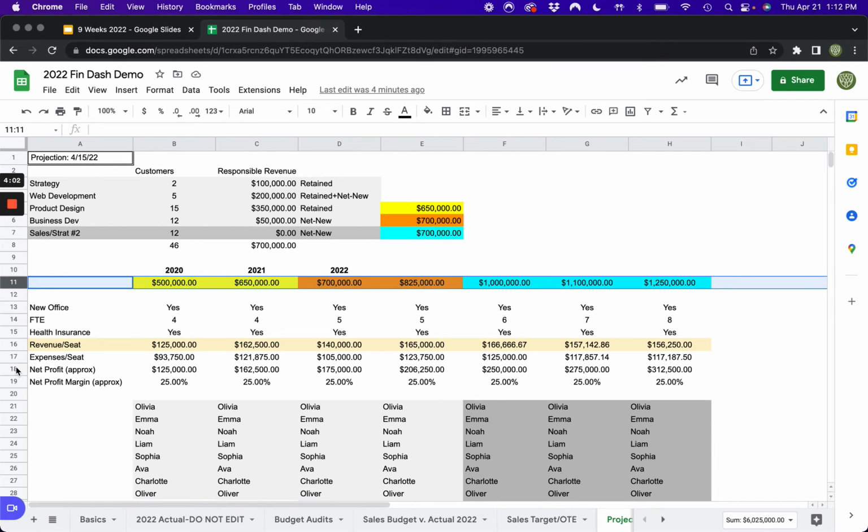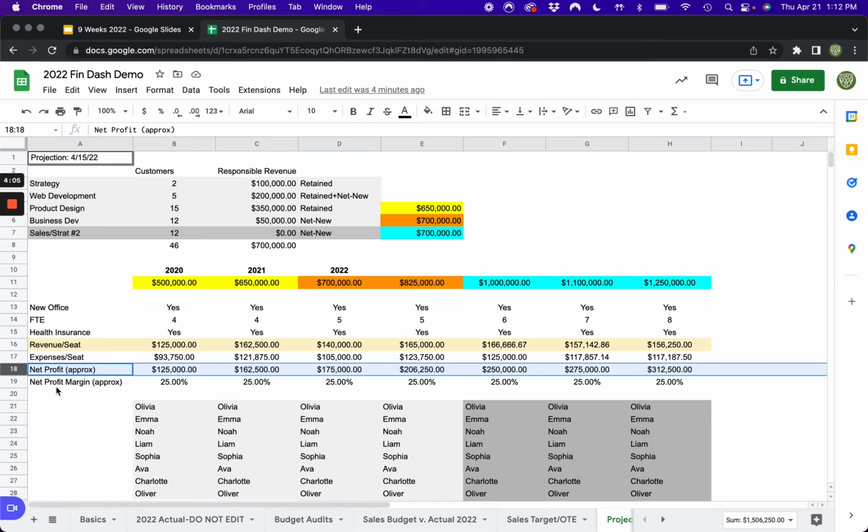Additionally, as a nice segue, we have row 18 here, which shows us our anticipated net profit. Now, this is all dependent upon your cash expenditures as well as your non-cash expenditures like depreciation, taxes, and things like that. But what this will help us see is how much cash I am going to be carrying year over year, so that I have an awareness that as my business grows and as I add headcount to my team, I'm always keeping at least that 3 to 6 month window of cash on hand.